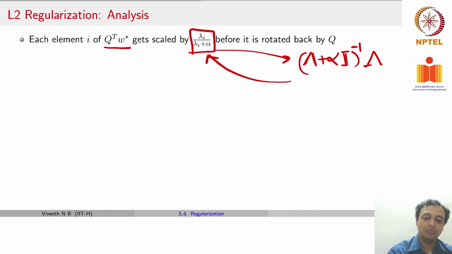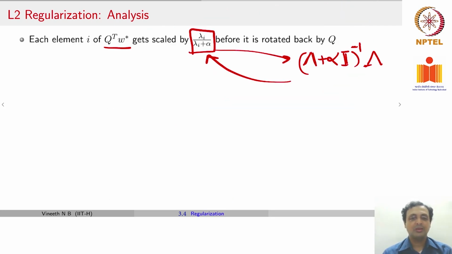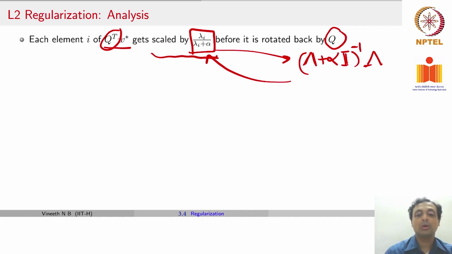Every element means you first take W star, transform it by Q transpose, scale it by lambda I by lambda I plus alpha, and then at the end you rotate it by Q again. When we say rotate, we mean a transformation imposed by Q on the output. You initially transform by Q transpose and later transform back by Q, so in some sense they will probably cancel out each other in terms of the effect. But in between, you're imposing a scaling on your optimal weight vector.